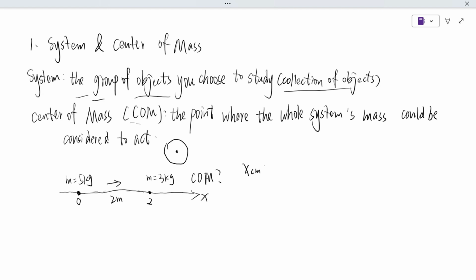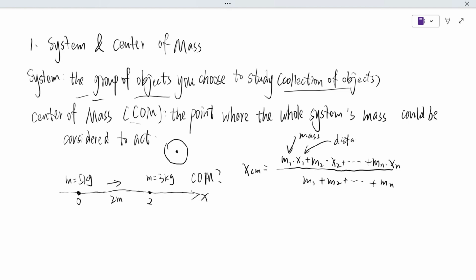X center of mass is equal to m1 times x1 plus m2 times x2 plus and so on, plus mn times xn, over m1 plus m2 plus and so on, plus mn. M is a mass, and x is the distance to the point you pick.